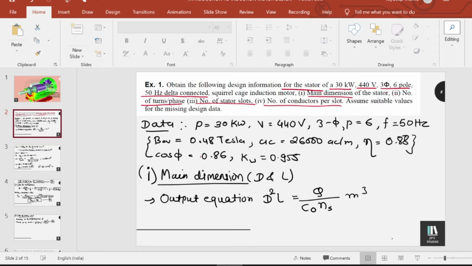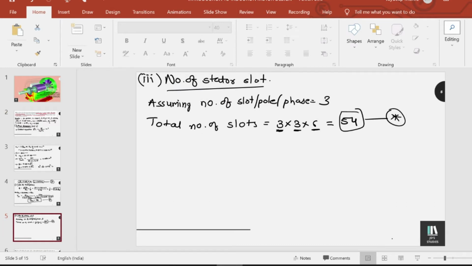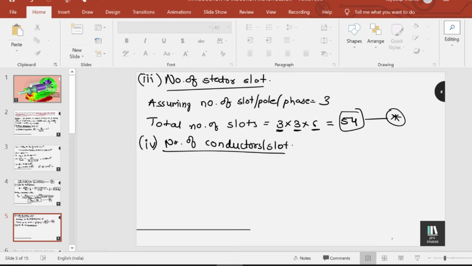Now the fourth one is what? Number of conductors per slot. First of all, we will find the total number of conductors.